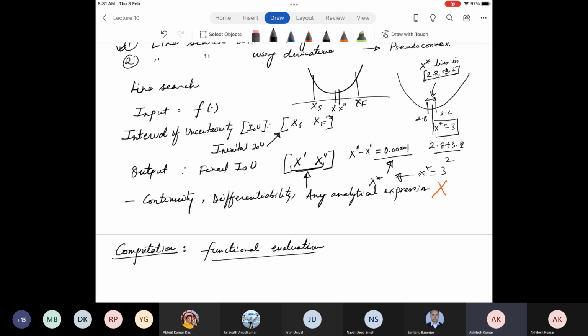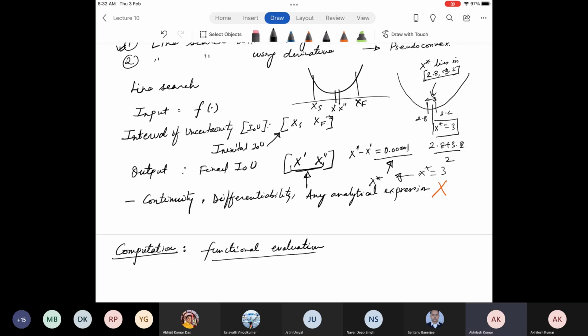So my focus should be that my final interval of uncertainty, X dash X double dash, should be as small as possible by evaluating the function F very few times.